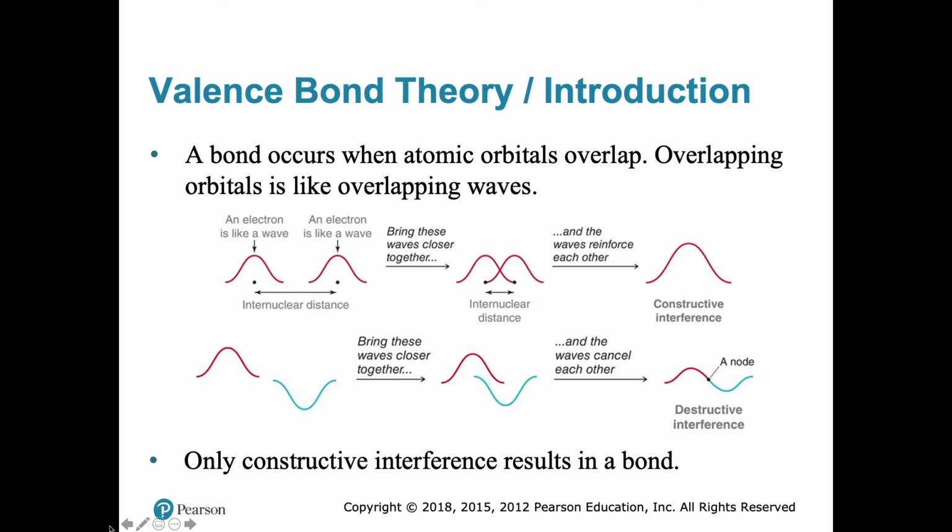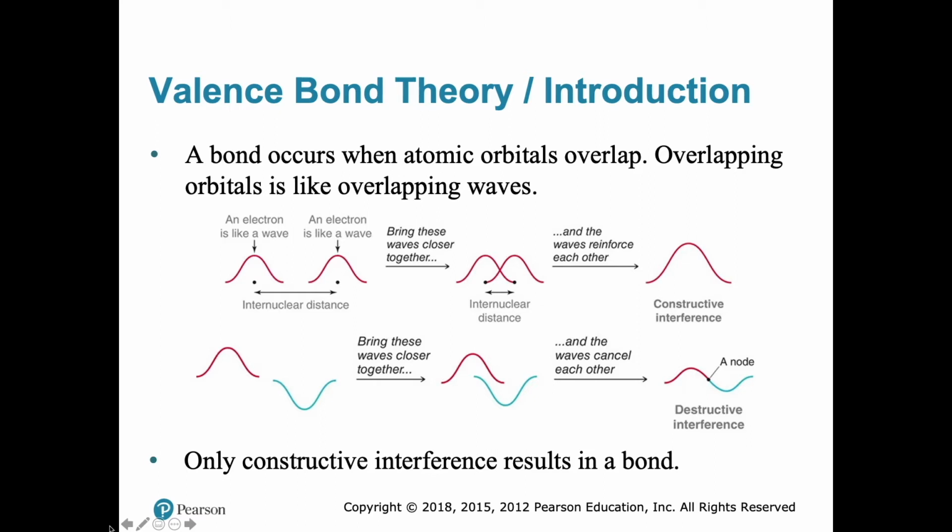This is the exact slide that we left off on, or I got to on Monday. Was it Monday? Wednesday last week. So the theory that we like to talk about the most, the most common theory here, is called valence bond theory. In valence bond theory, when atomic orbitals overlap, they actually form bonds.